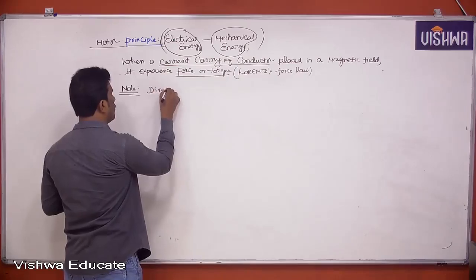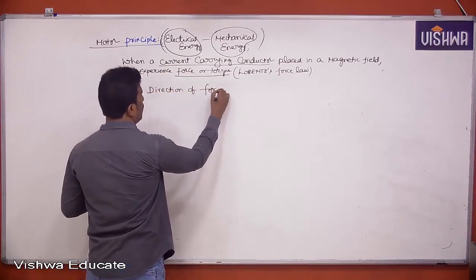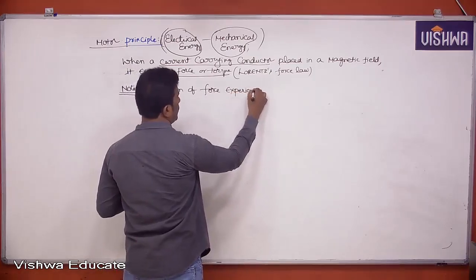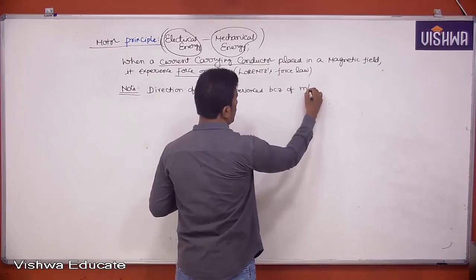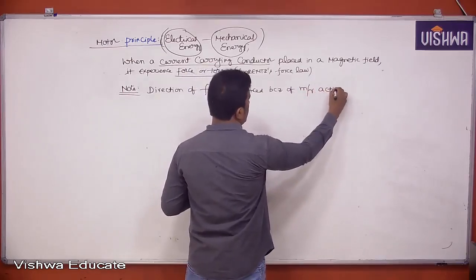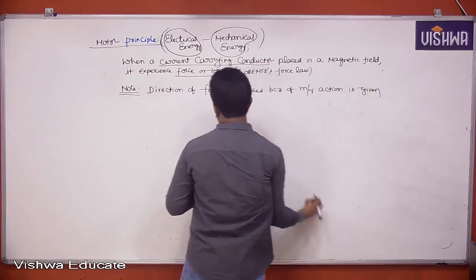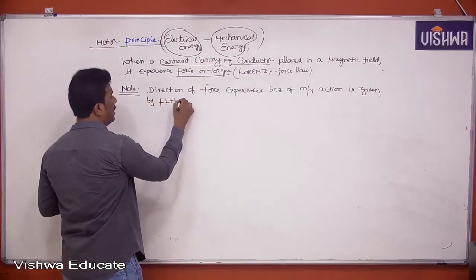Direction of force experienced because of motor action is given by Fleming's left hand rule.